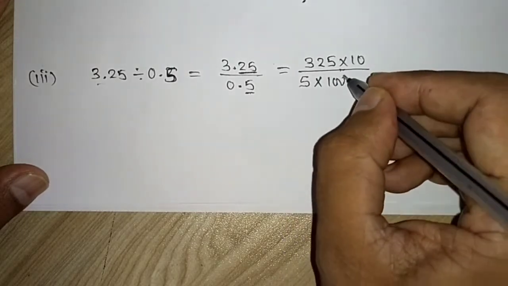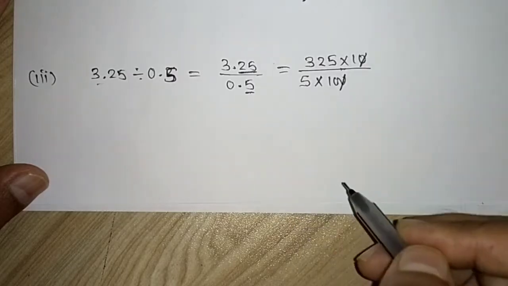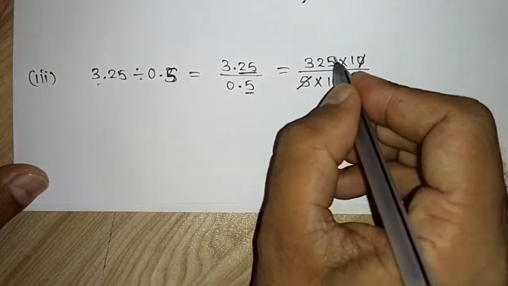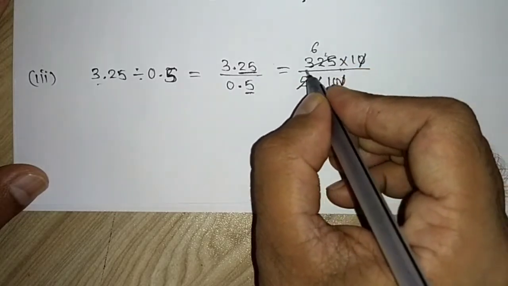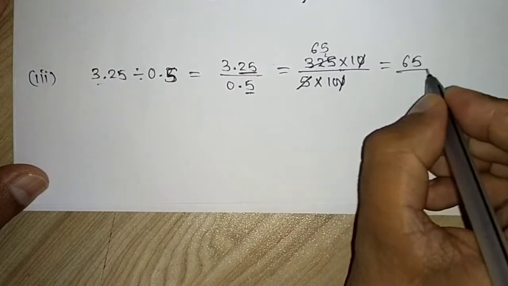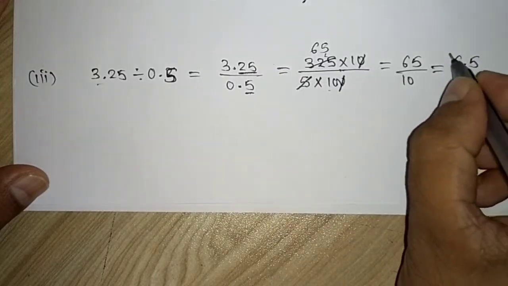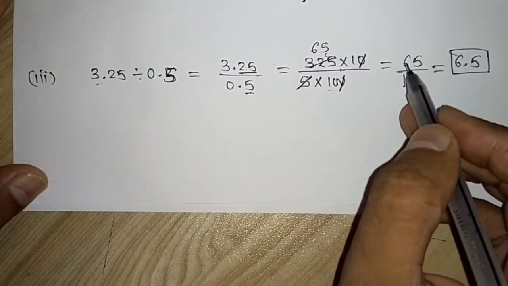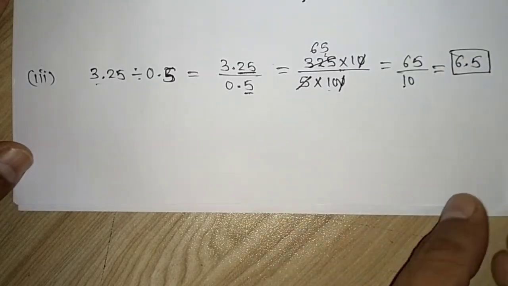Now cut 0, 0, 1 0 from 10 and 1 0 from 100. Now solve 325 divided by 5. We will get 6 5s are 30, 25, 5 5s are 25. So we will get 65 divided by 10 and we will get 6.5 as the answer, because 65 divided by 10, we can place 1 decimal point towards the left side. So this is your answer, 6.5.